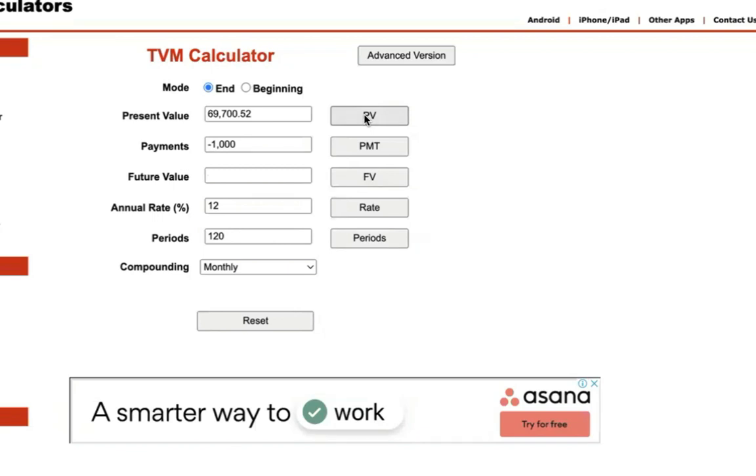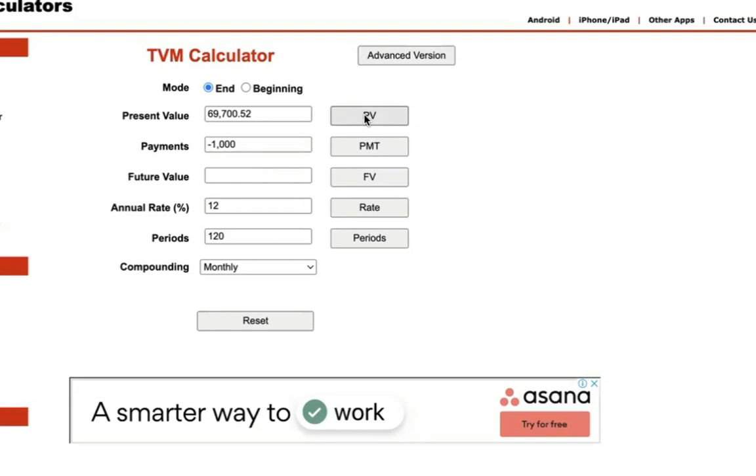Because the value of an investment paid today is surely much, much lower compared to its value in the future. Kasi in 10 years' time, the interest rate and the inflation rate will make the value of the investment go lower and lower. So, if si Dinsam pays for the investment at 68,000, sabi niya, I will pay for that at 68,000.